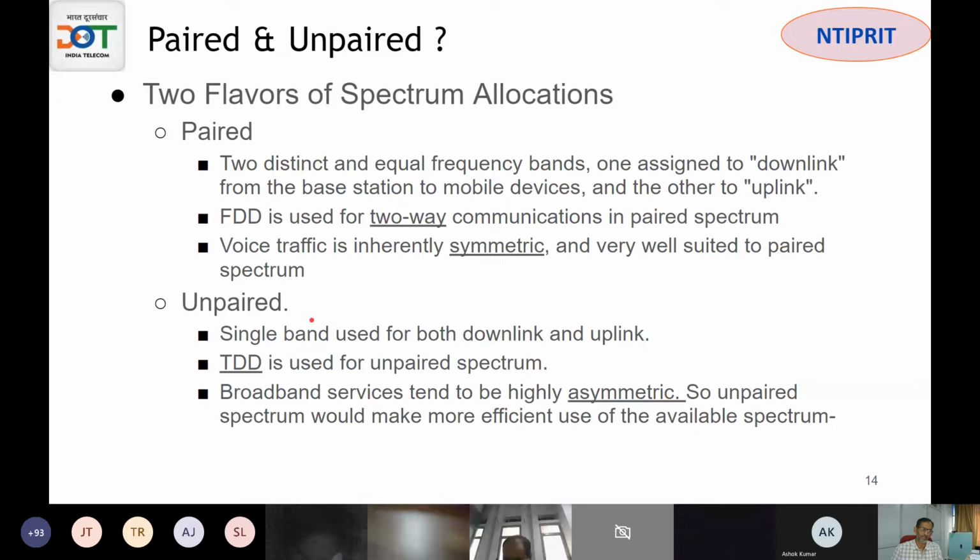And we will be able to configure independently how many subcarriers or resources are required in the downlink and uplink. The ratio can be configured. So this is the flexibility that is available for unpaired spectrum, but it is slightly more complicated to implement. That's why initially it was not taking off.